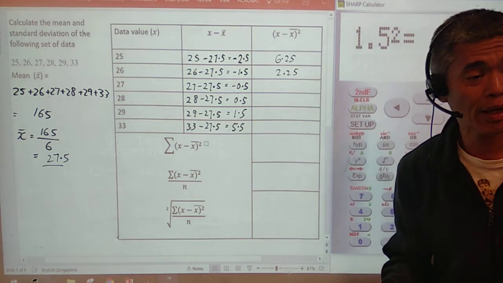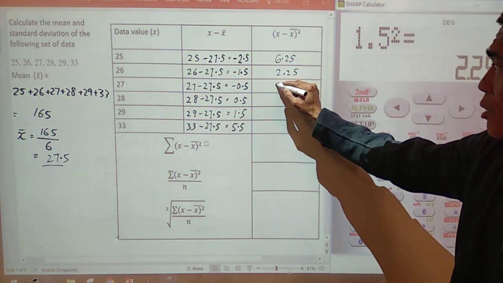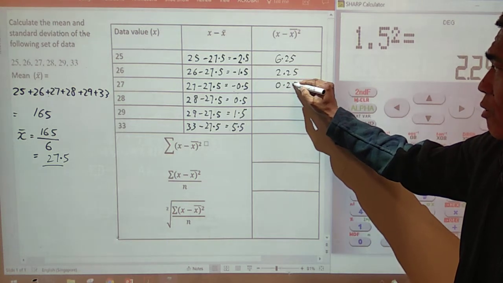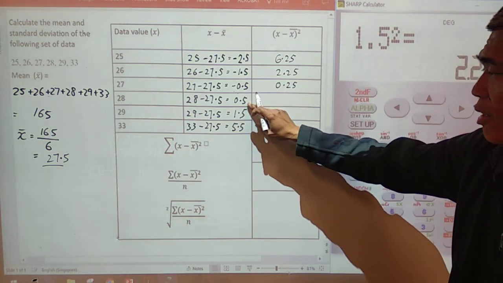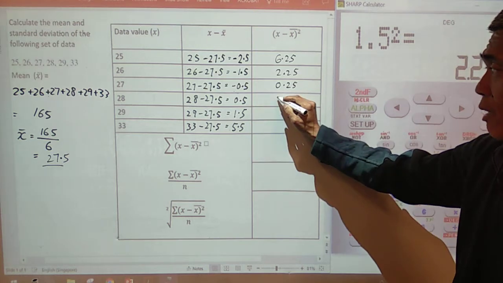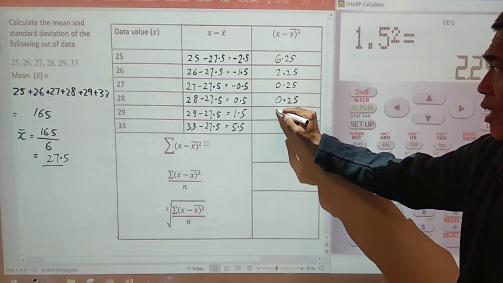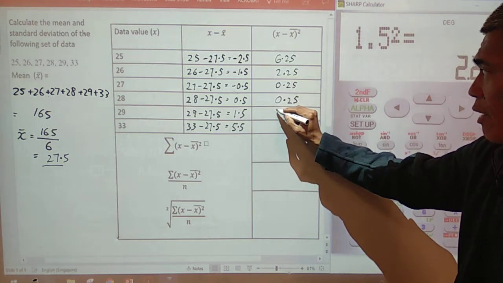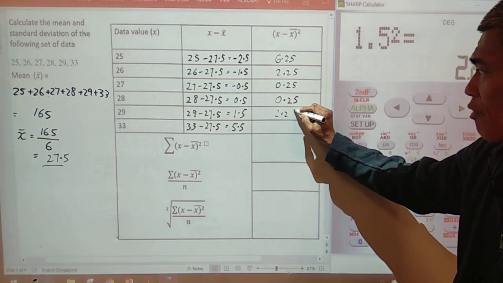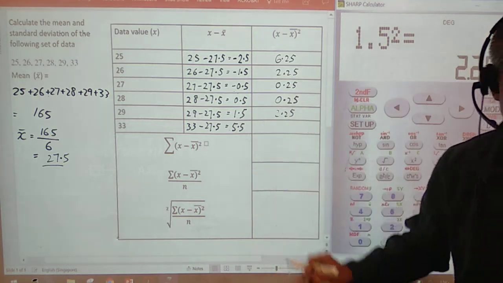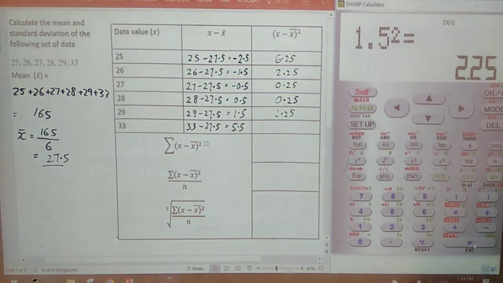If we square 0.5, we will get 0.25. Now, when we square positive numbers, we get positive numbers. 0.25 again, and over here we have 2.25, and finally we're going to square 5.5.